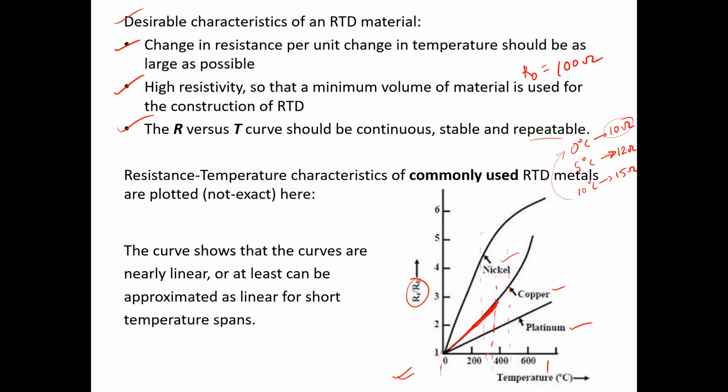showing better characteristics compared to the other two, because you can see that this straight line is almost at 45 degrees, which means there is a one-to-one relationship between the change in resistance and the change in temperature, whereas the line of platinum and nickel deviates from this 45-degree line.